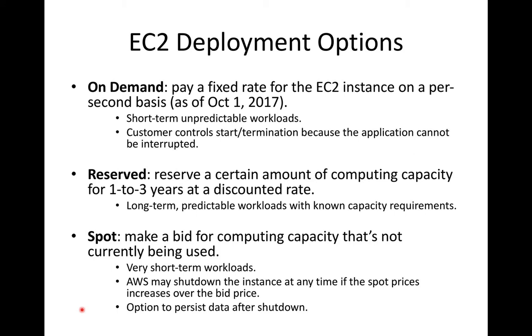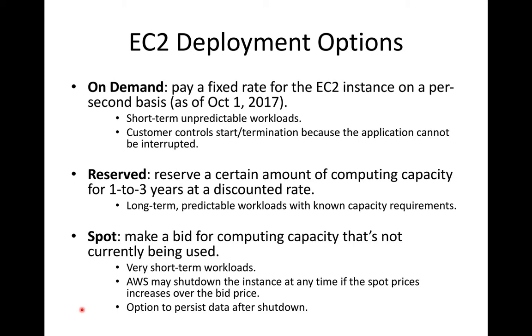Now, if you just go and spin up an EC2 instance like we have earlier in this course, then you are typically selecting an on-demand deployment option. An on-demand deployment option means that you want to spin up an EC2 instance on demand, and you might run this instance for a minute, an hour, a day, a month, a year.